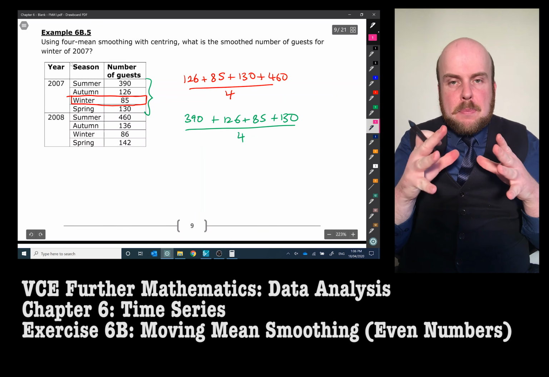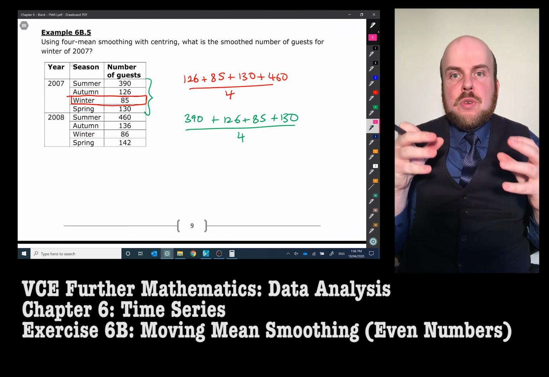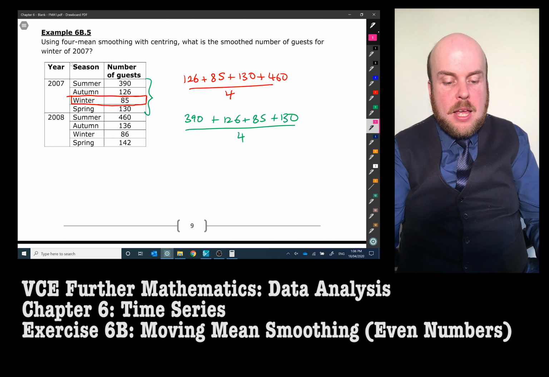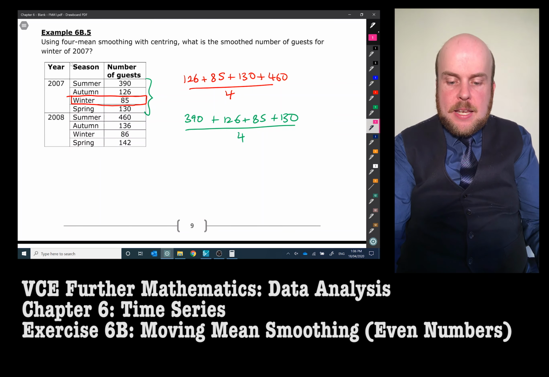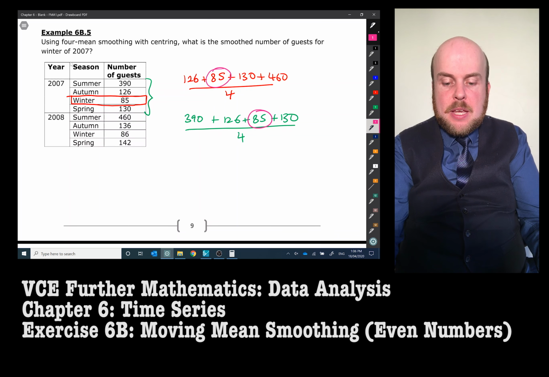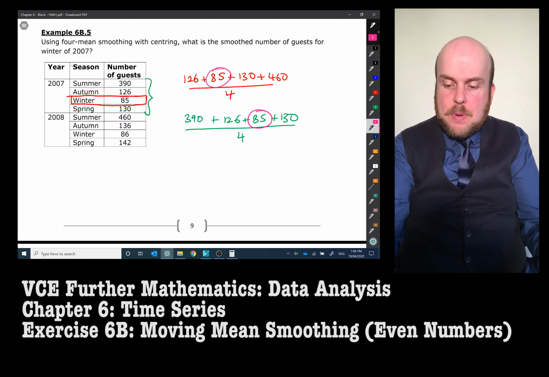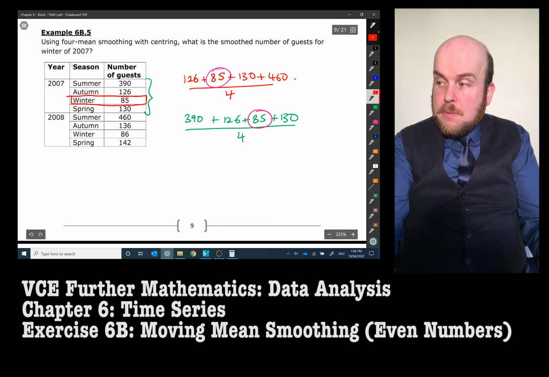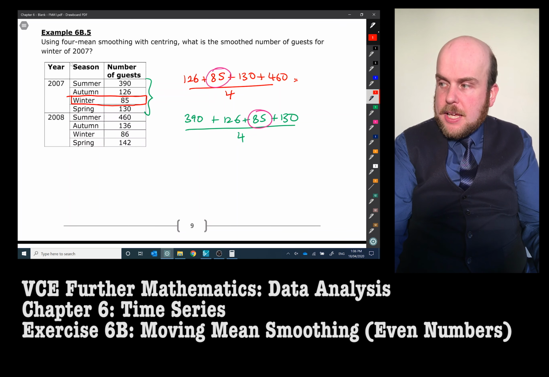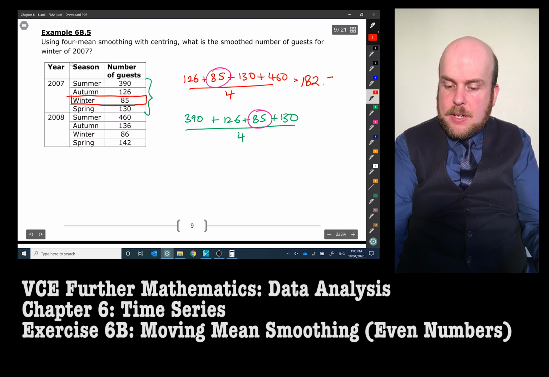In case you're still a bit confused, why am I doing this? For a 4 mean smoothing, you want that middle value, that winter of 85, to be in the middle. So there's the 85 there and there's the 85 there. We're trying to find the average so that we can get the value in between them. When I put those into the calculator, 126 plus 85 plus 130 plus 460 divided by 4 gets me 182.75.